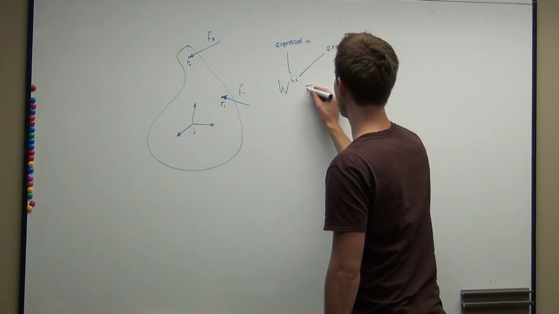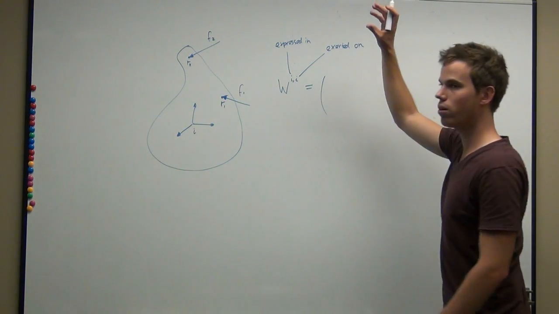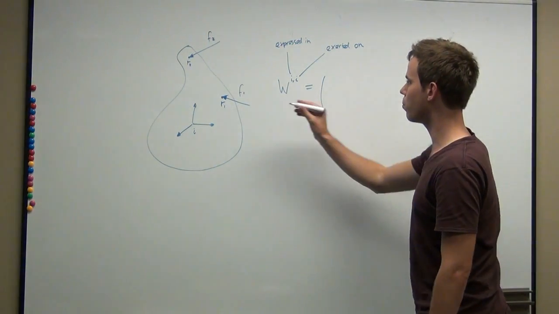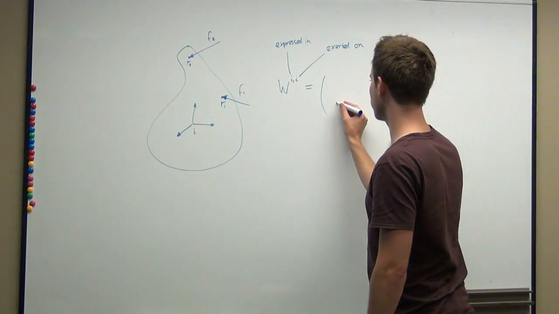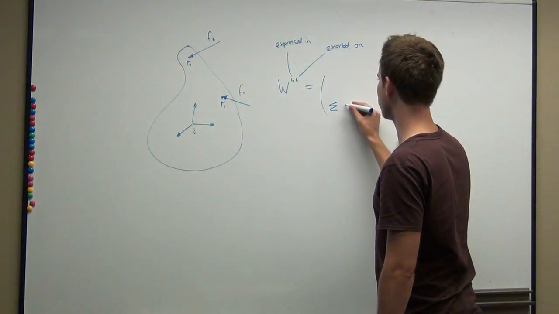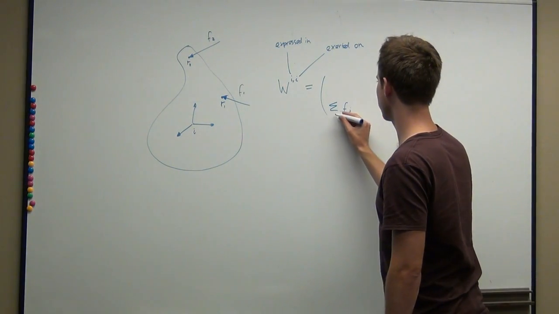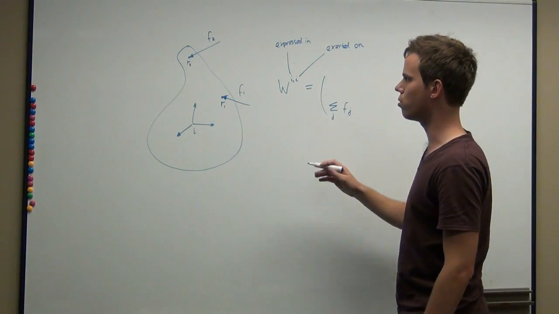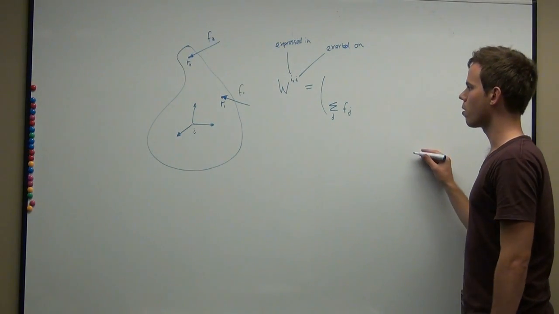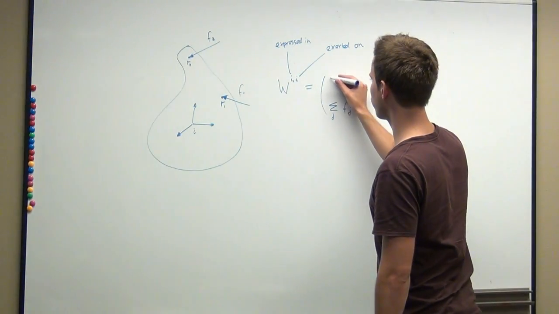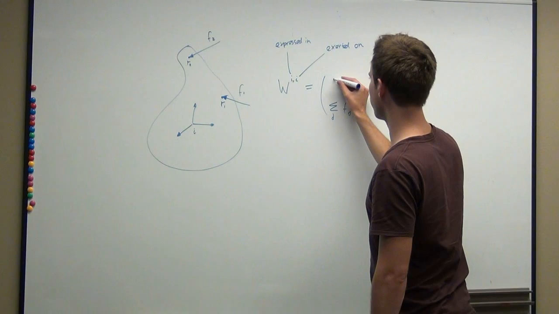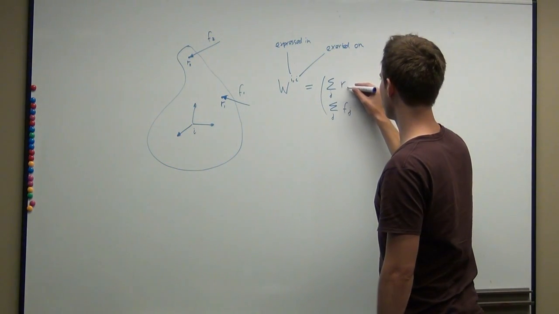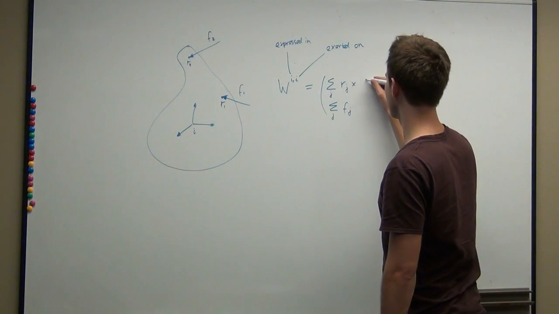It is defined as, so it's going to be angular and linear again, just like with twists. The linear part is just the sum of all forces, sum of Fj, so sum over all j's, where in this example j is just 1 or 2. And then for the torque part, the angular part of the wrench, it's sum j rj cross fj.